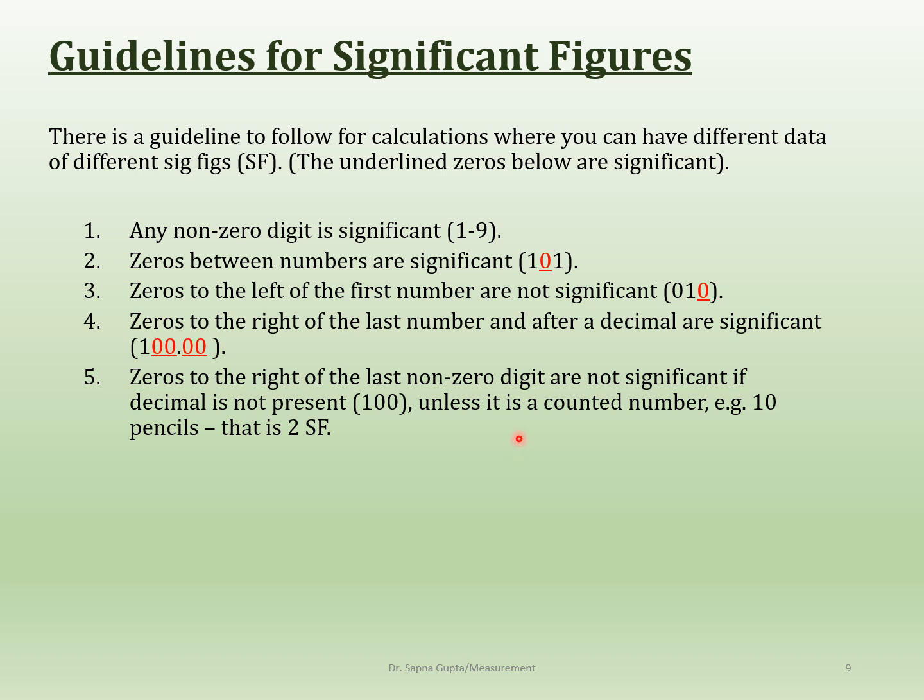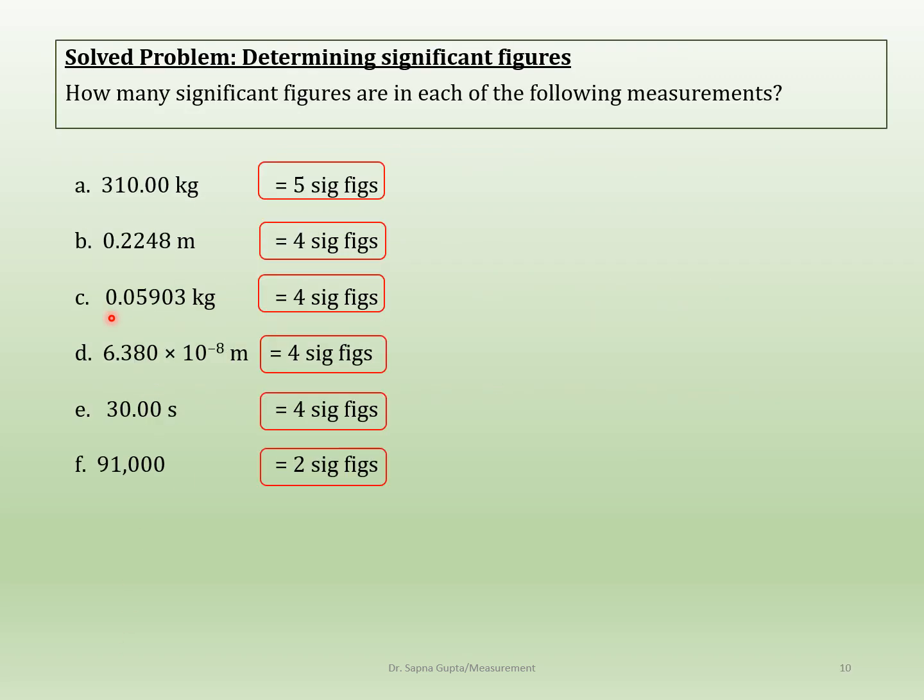So 100 and then a decimal point is going to be 3 significant figures. Or you say there are 100 people. As soon as you say 100 people, that's a count. That's 3 significant figures. So unless that count or the decimal point is given to you, ignore that 0. That's how it works.